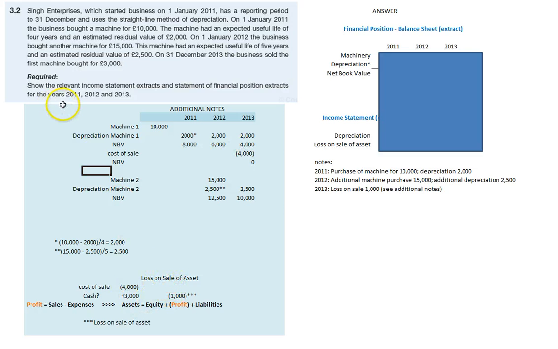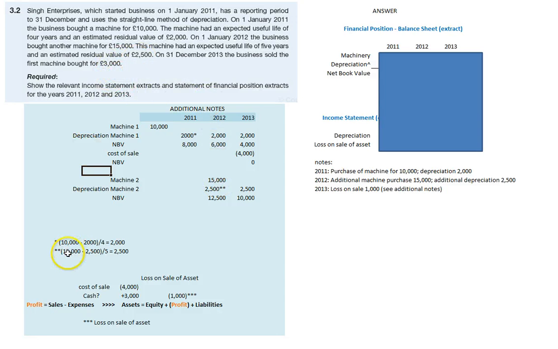Now let's move on to machine 2. Machine 2, where is it? It's 15,000. Yes, bought another machine for 15,000 on the 1st of January 2012, so that's the whole of the year. 15,000 there. Has a useful life of 5 years, expected residual value of 2,500.